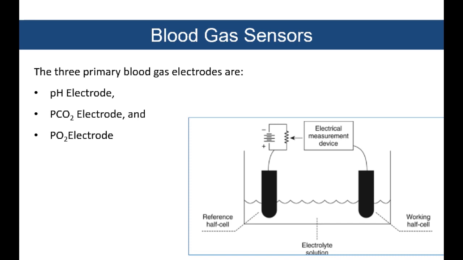Below that we have the electrolyte solution, and according to the potential difference occurring there, the electrical measurement device gives the change in concentration of the various electrolytes present, so we can measure the change in concentration of the solution present in the electrode.